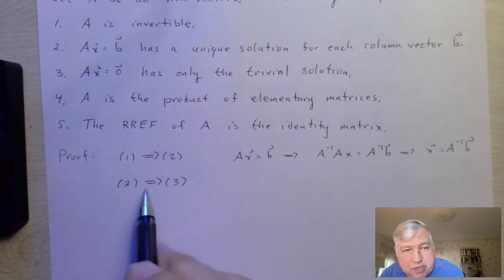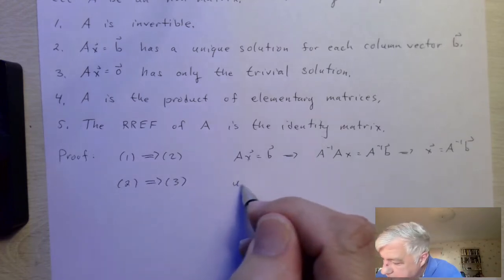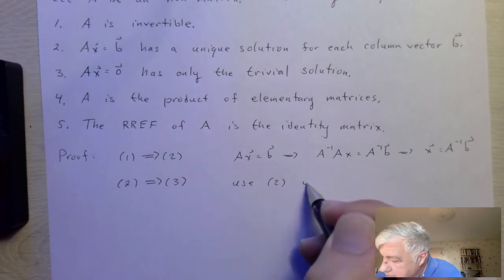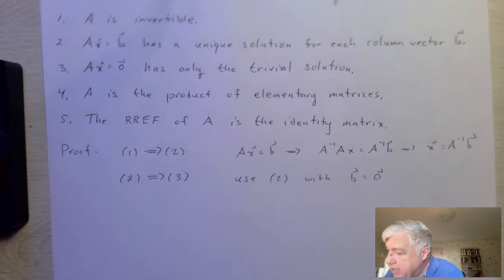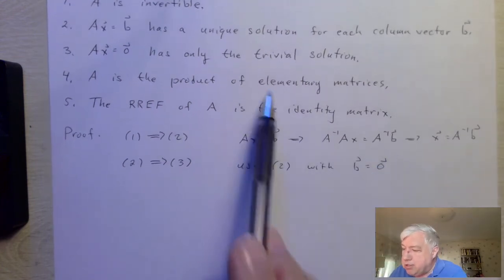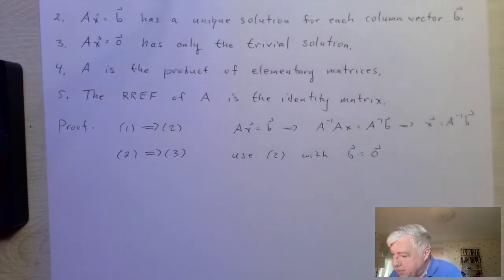Well, 3 is a special case of 2. We just use 2 with B equals 0, and there's a unique solution, and that's the trivial solution.